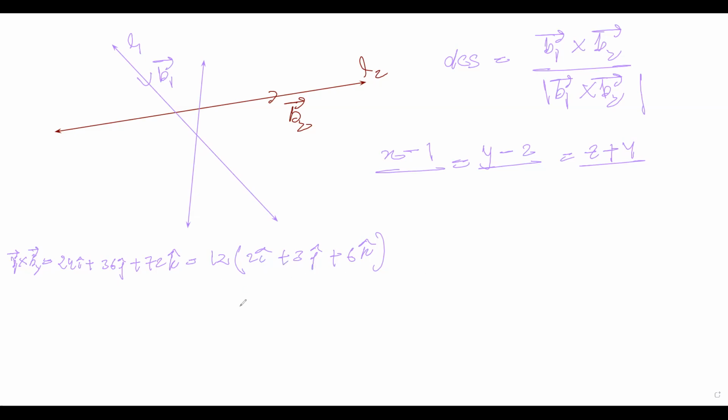So if you divide the whole by 84, this can be written as 2 by 7, divided by 3 by 7, divided by 6 by 7, if you write in the form of DC. And if you write in the form of DRs, you can just write 2, 3, and 6. That is how you can write the equation of the line.